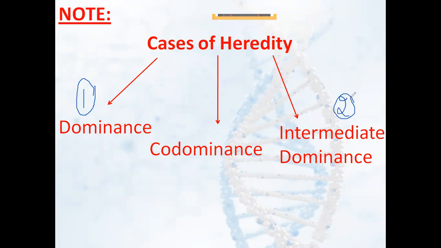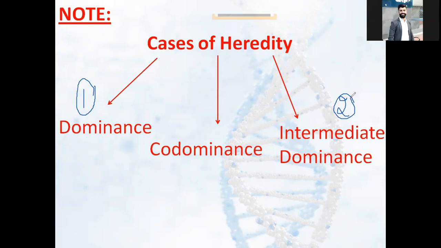This means we have a trait that is intermediate, like when we cross a white flower with a red flower, all the descendants are pink. The color pink is intermediate between the white and the red, so this is called intermediate dominance.